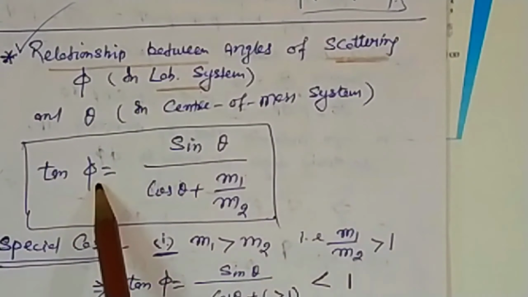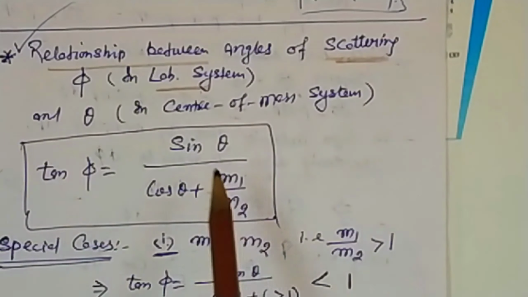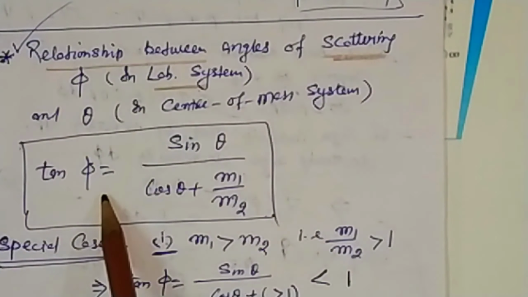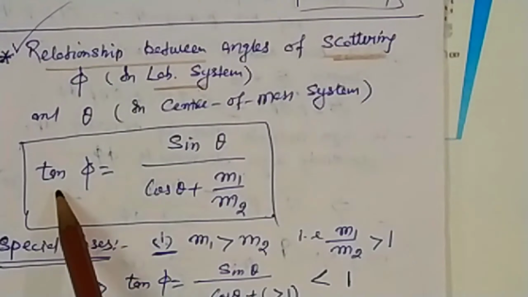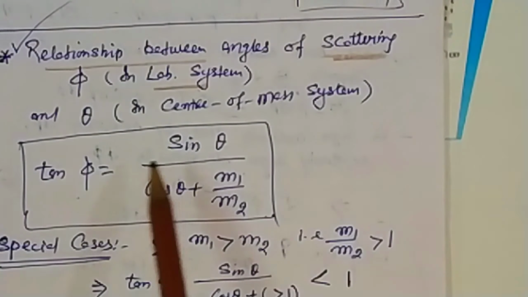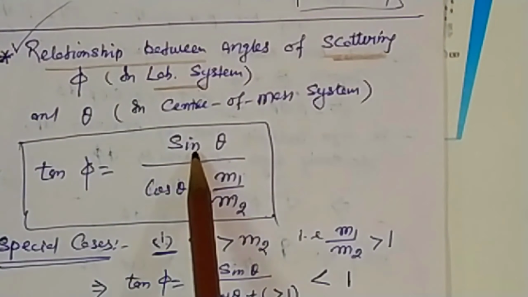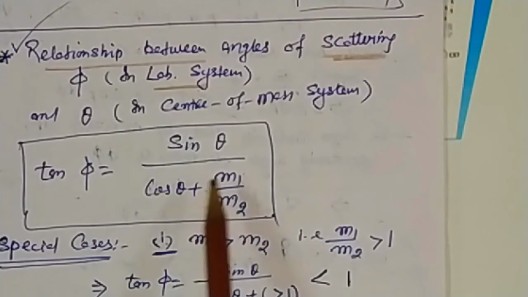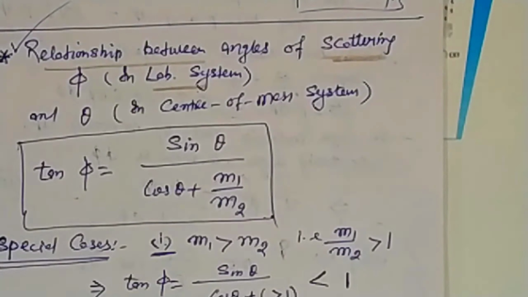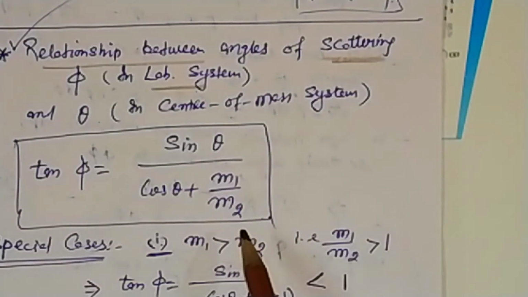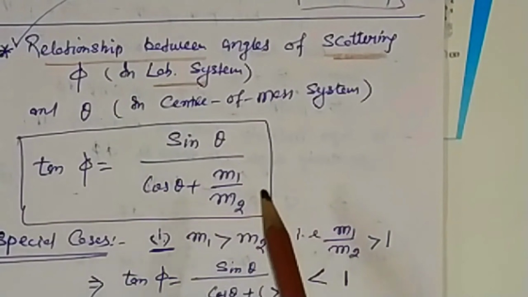Phi is the angle of scattering in lab system, and theta is the angle of scattering in center of mass system. So tan phi is equal to sin theta upon cos theta plus m1 upon m2. Here m1 and m2 are the masses of the incident particle and the recoil target.